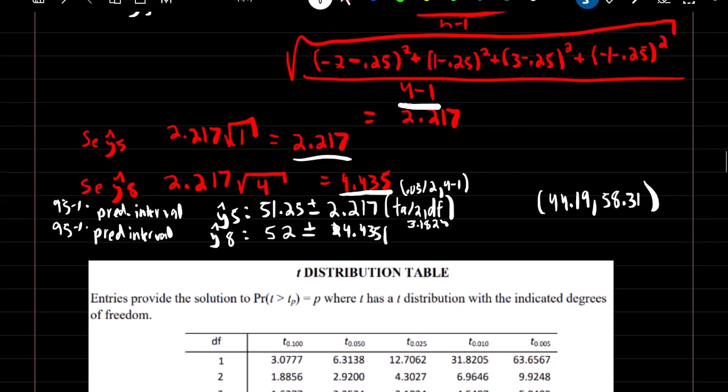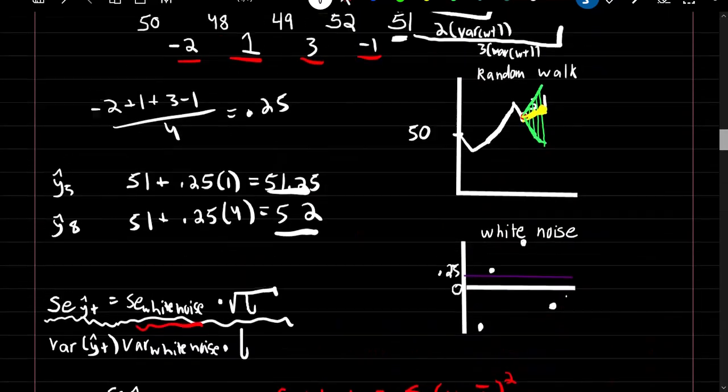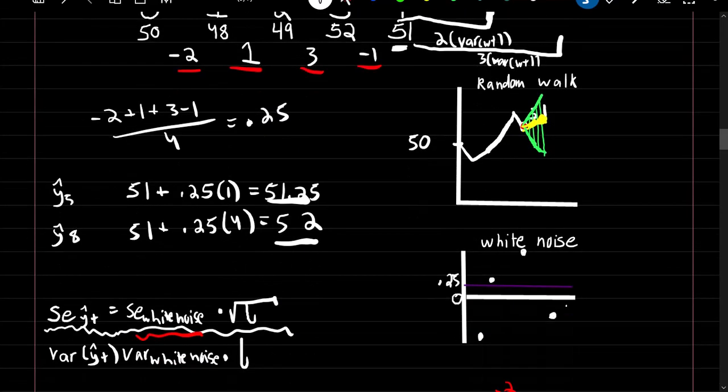And then times our t-score, which is the same value, 3.1824. And it's going to produce a prediction interval of 37.89 to 66.11. So if we want to draw that on the graph, we could do something like this.